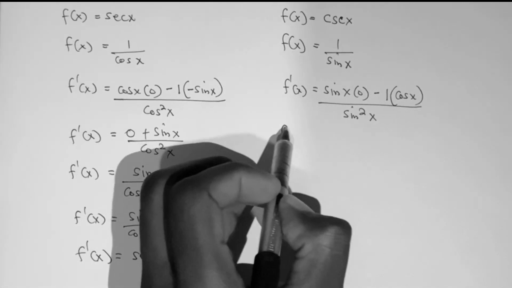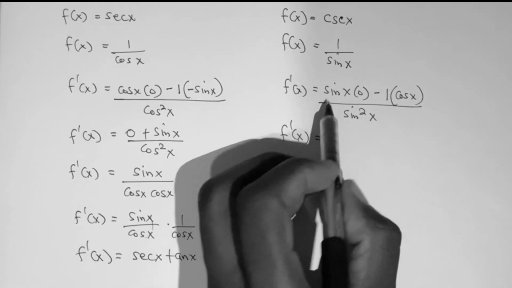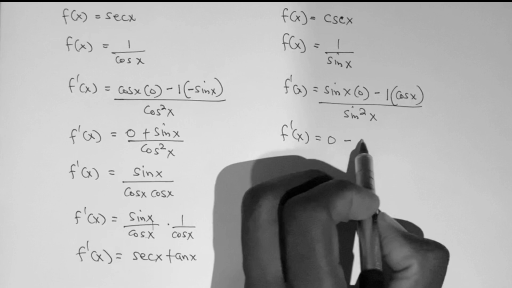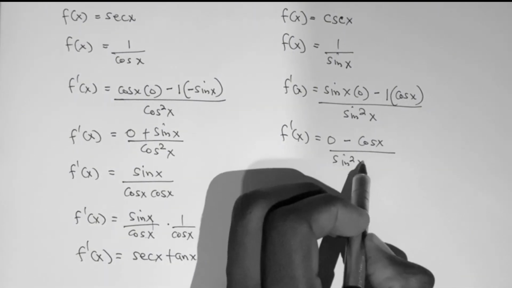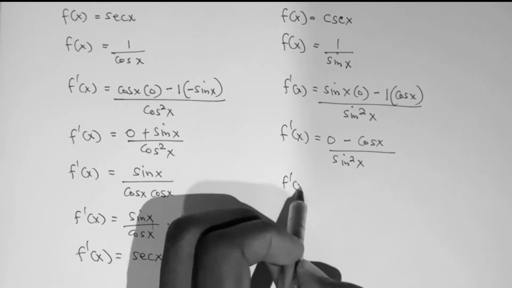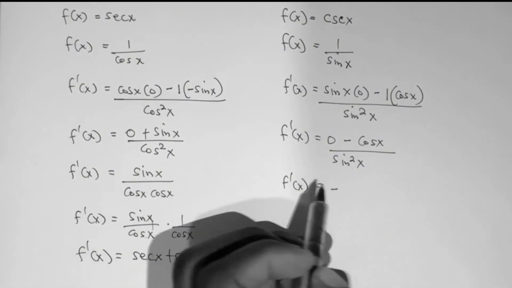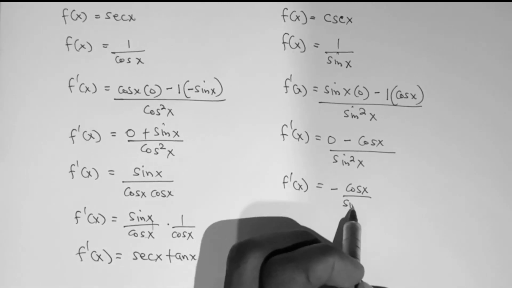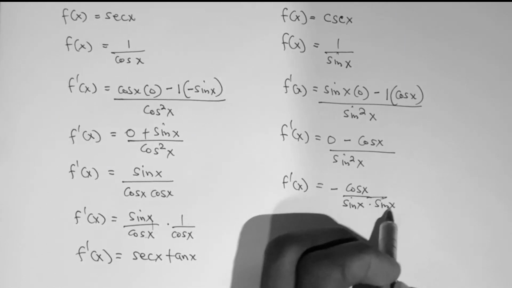So f prime of x is equal to, now sine x times 0 is 0, 0 minus cos x divided by sine squared x. So f prime of x is equal to, I want to write this as minus cos x divided by sine x times sine x.